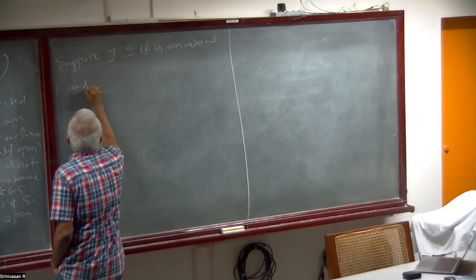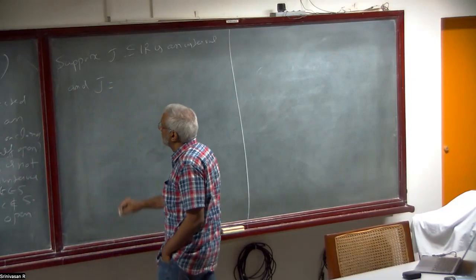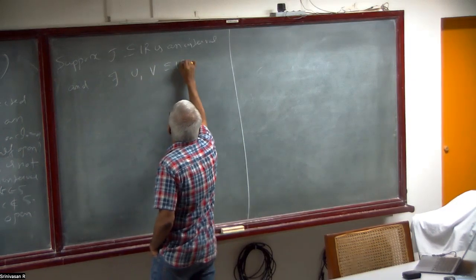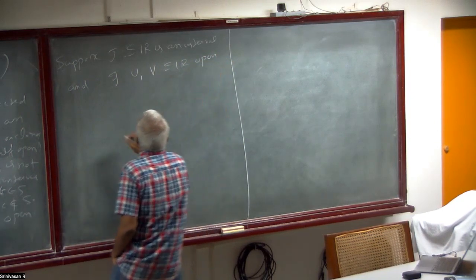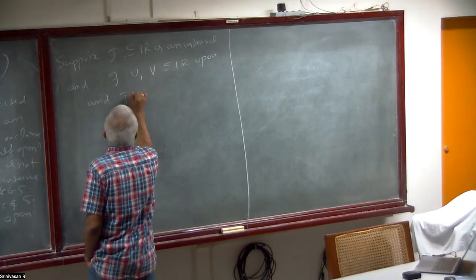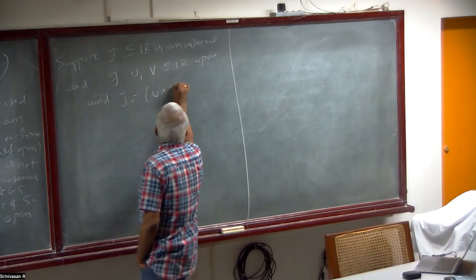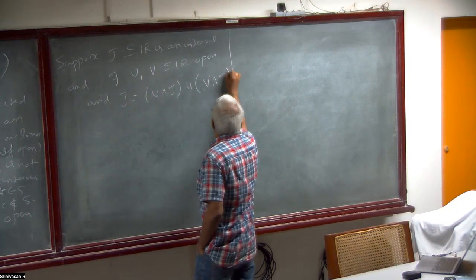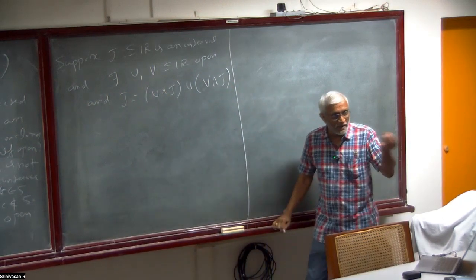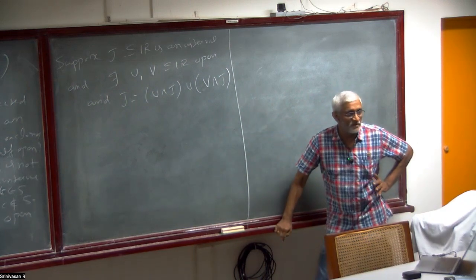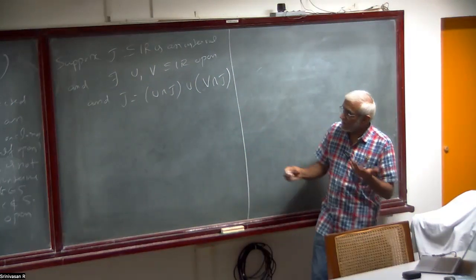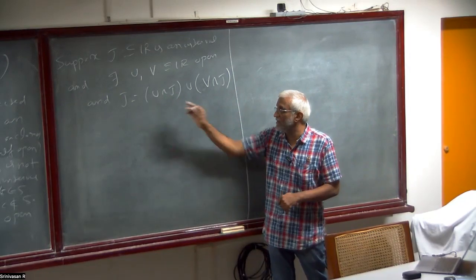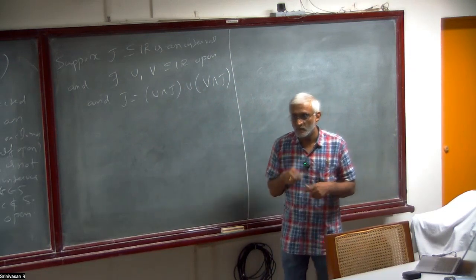Suppose there exist U, V contained in R open, and J is equal to U intersection J union V intersection J. Suppose we have open sets U and V such that this happens. Then we have to prove that one of them is equal to the whole of J, that is, one of them should be empty. That's what we want to do.